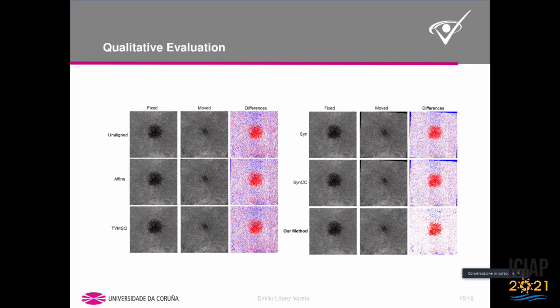In the third column, you have the difference image. The difference image is a pixel-to-pixel comparison where darker pixels in the first image are represented in red, the darker pixels in the second image are represented in blue, and pixels that are the same in both images are represented in white.